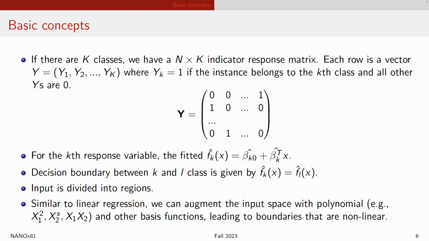Now, what we then do is that we are essentially saying each of these columns is basically a single response variable. And once you have that, you can actually just use your standard linear regression, right? So what you're going to do is that you're going to take the k response, let's say in this case, we choose the first column.